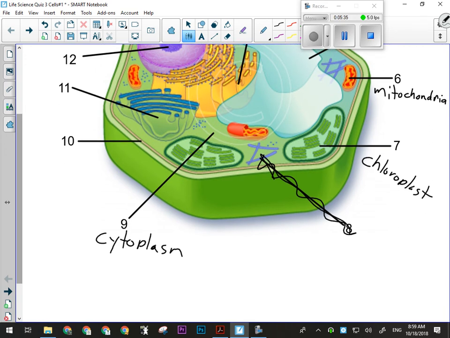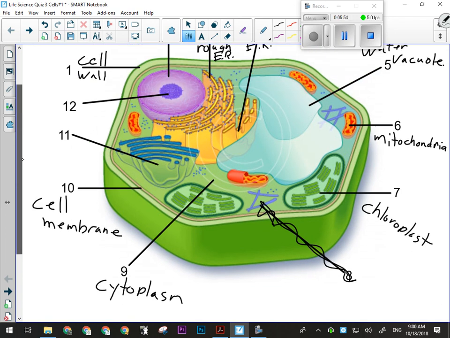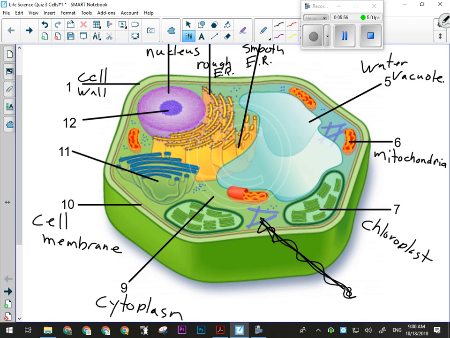Number 10, cell membrane. What two words did I tell you must write for the functions of the cell membrane? Endocytosis and exocytosis. If they do not have those two words, it's not right. Number 11 is the Golgi apparatus.